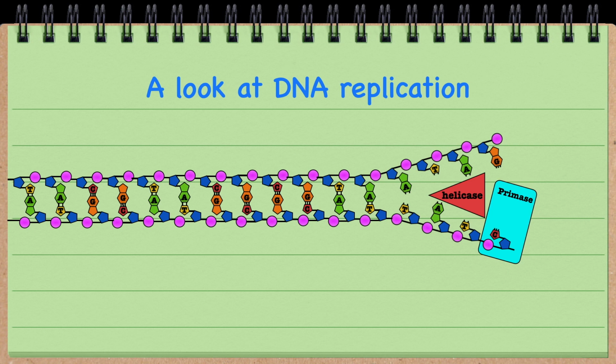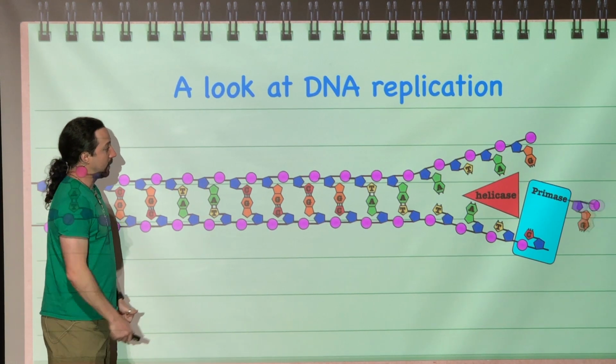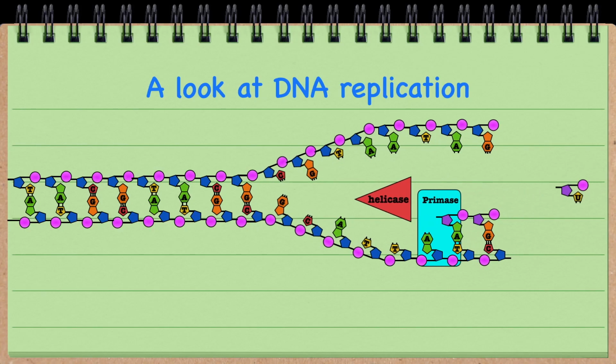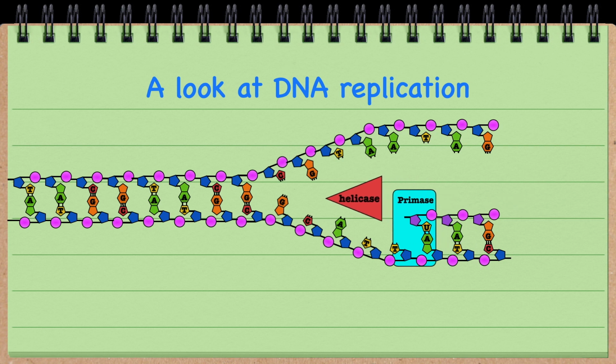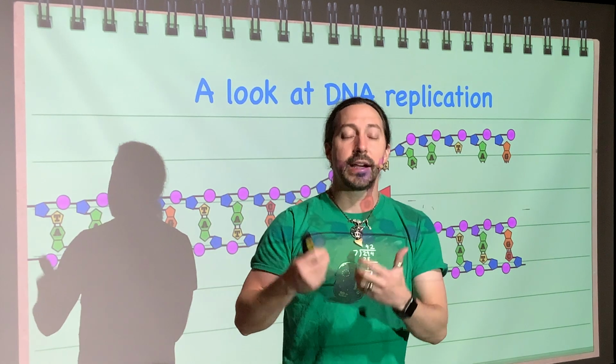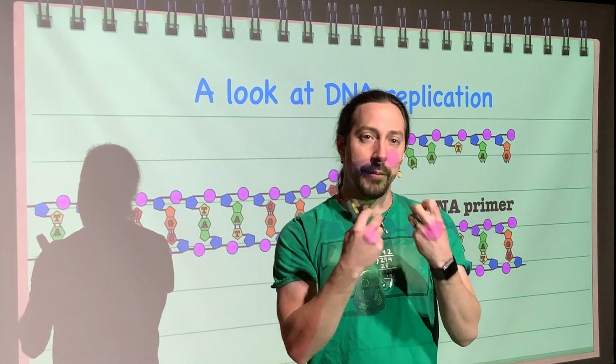primase is going to be able to add RNA nucleotides that are going to be complementary to the template strand. And you'll notice that it moves in the 3' to the 5' direction. It cannot go in the opposite direction. Primase can only move along the template strand in the 3' to 5' direction.